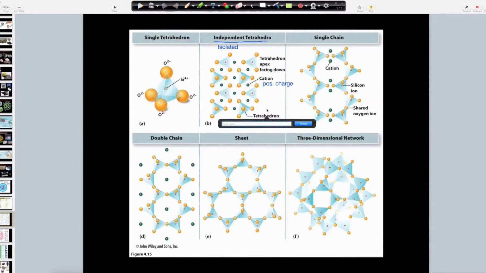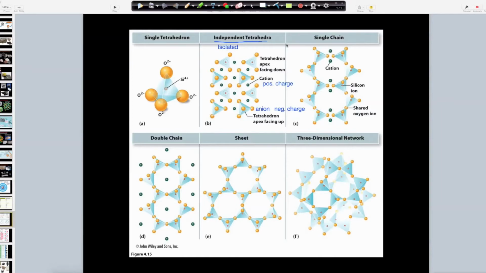The silicate tetrahedron is your anion because anions are negatively charged. Things like calcium, sodium, potassium, magnesium, and iron are your cations because they're positively charged, and you form an ionic bond between your tetrahedra and these cations.